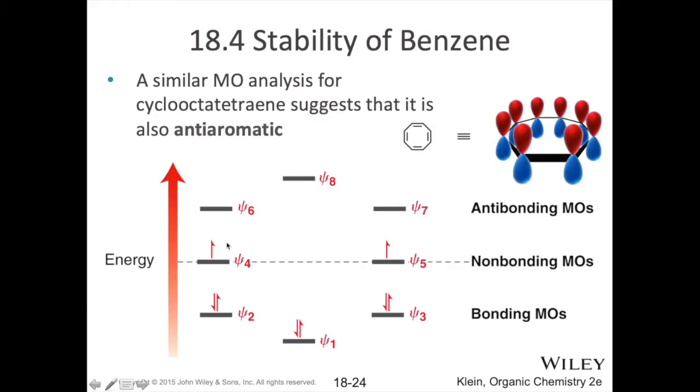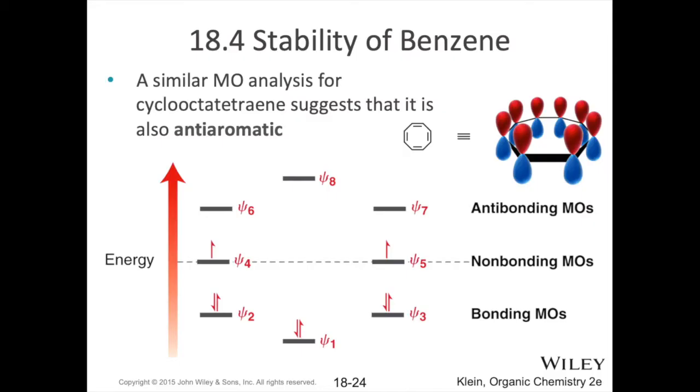Again, you have unpaired electrons here that make cyclooctatetraene very reactive and therefore anti-aromatic. So that's basically it. That's where anti-aromaticity comes from. It's just the way these orbitals and the electrons that fill them up shake out based on just numbers of these things.